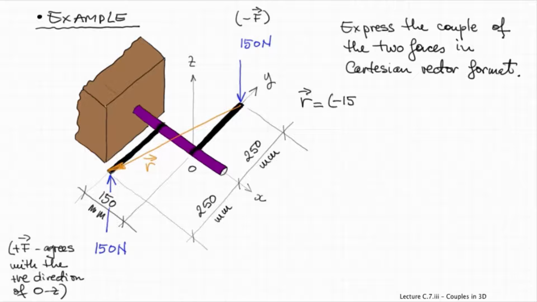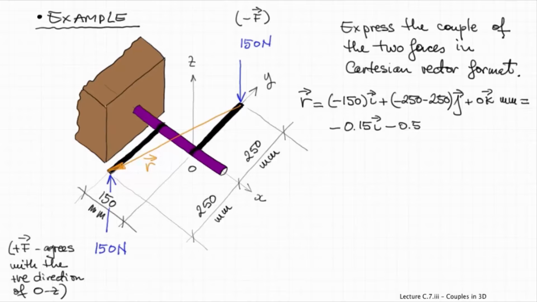R can be expressed from the given dimensions as negative 150 millimeters times i plus negative 250 minus negative 250 millimeters j plus 0k millimeters. If you rearrange these terms, this will give us negative 0.15 i minus 0.5 j in meters this time.